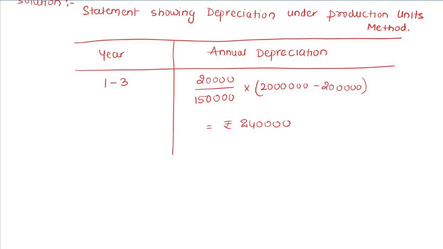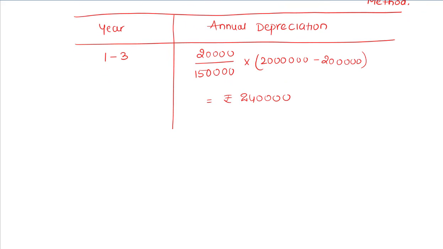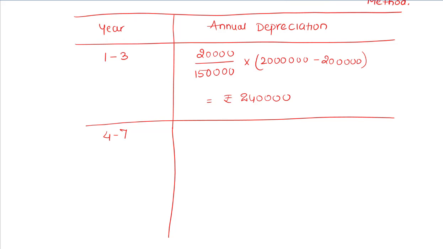Let us continue. Years 1 to 3 is done. Years 4 to 7. The production is 15,000 units.